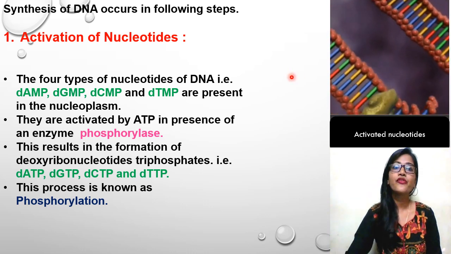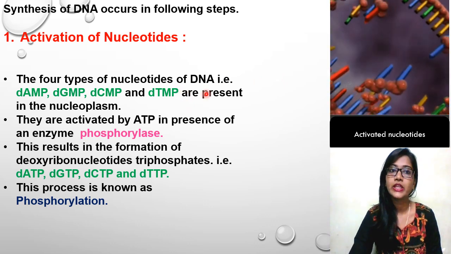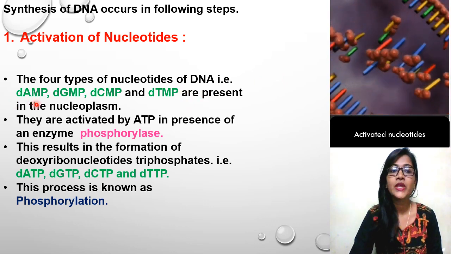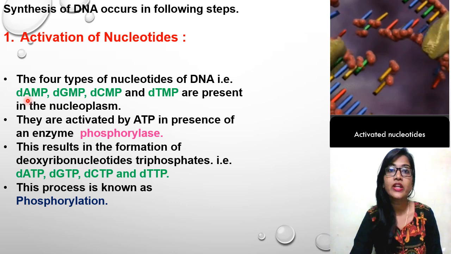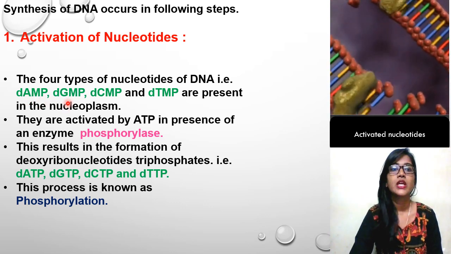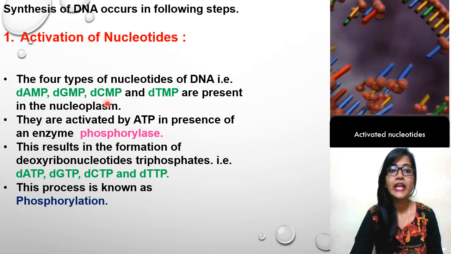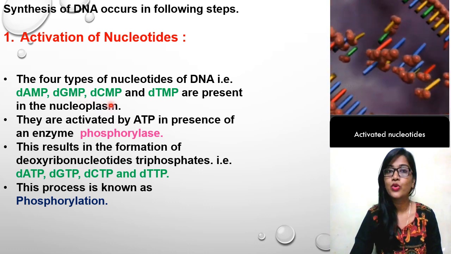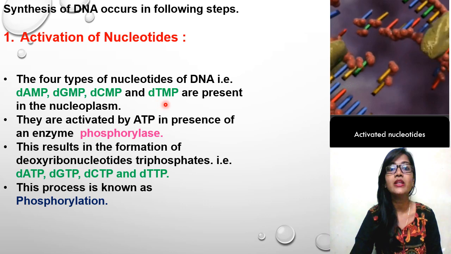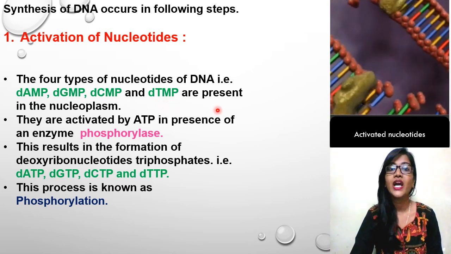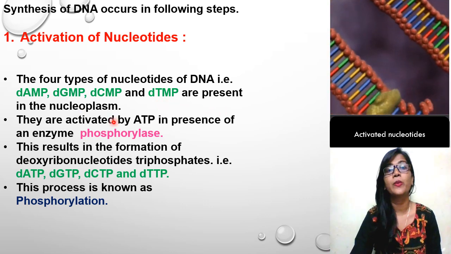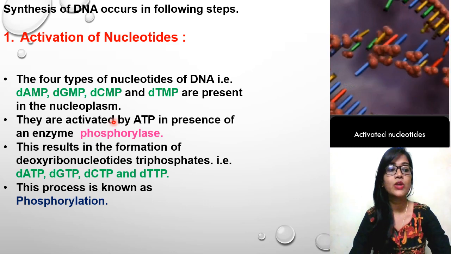There are four types of nucleotides of the DNA, that is DAMP. A stands for adenosine monophosphate, GMP guanosine monophosphate, CMP cytosine monophosphate, and thiamine monophosphate. They are present in the nucleoplasm. Now what is nucleoplasm?